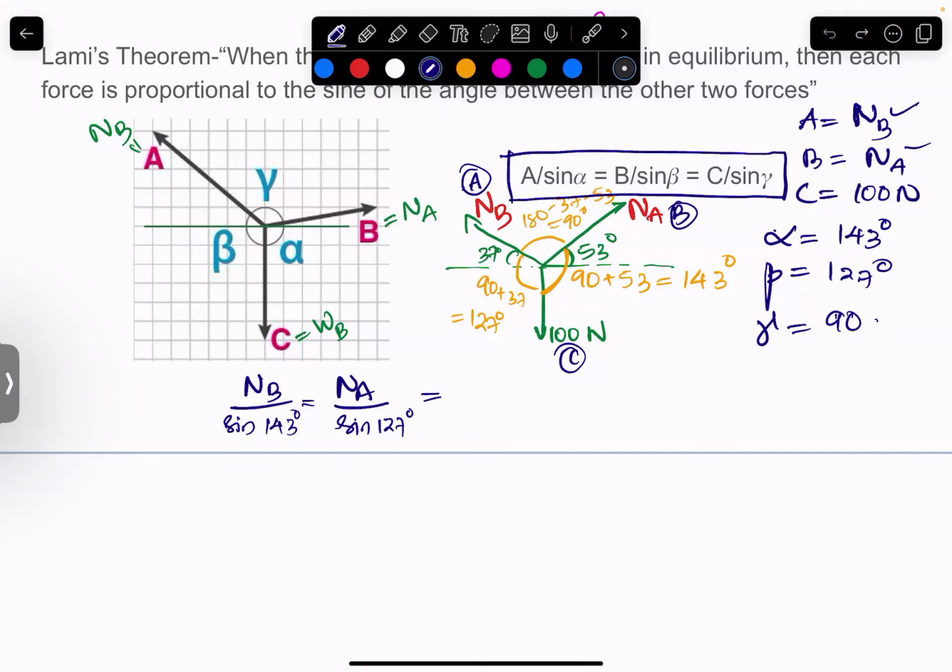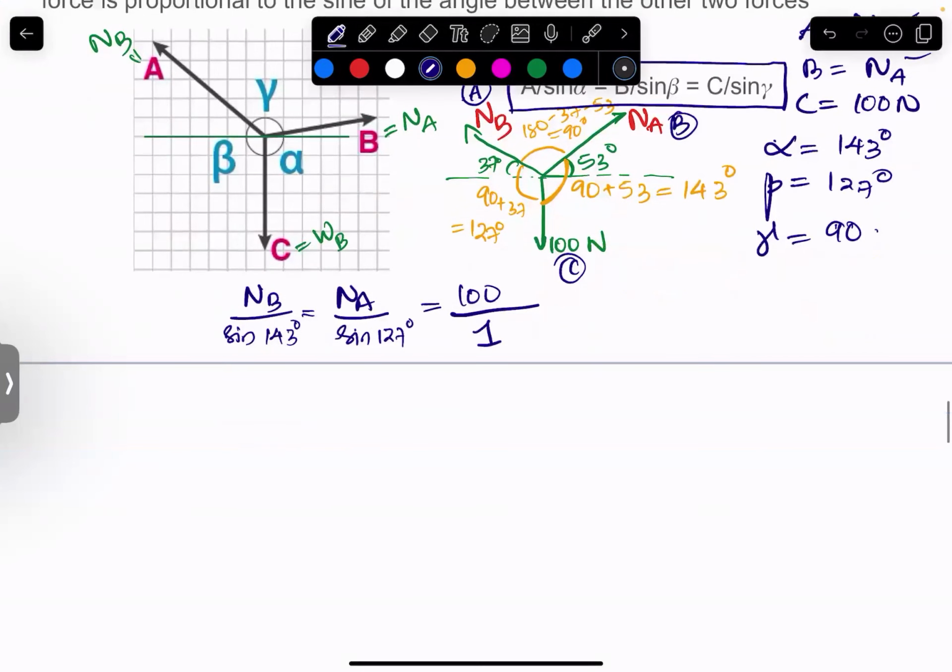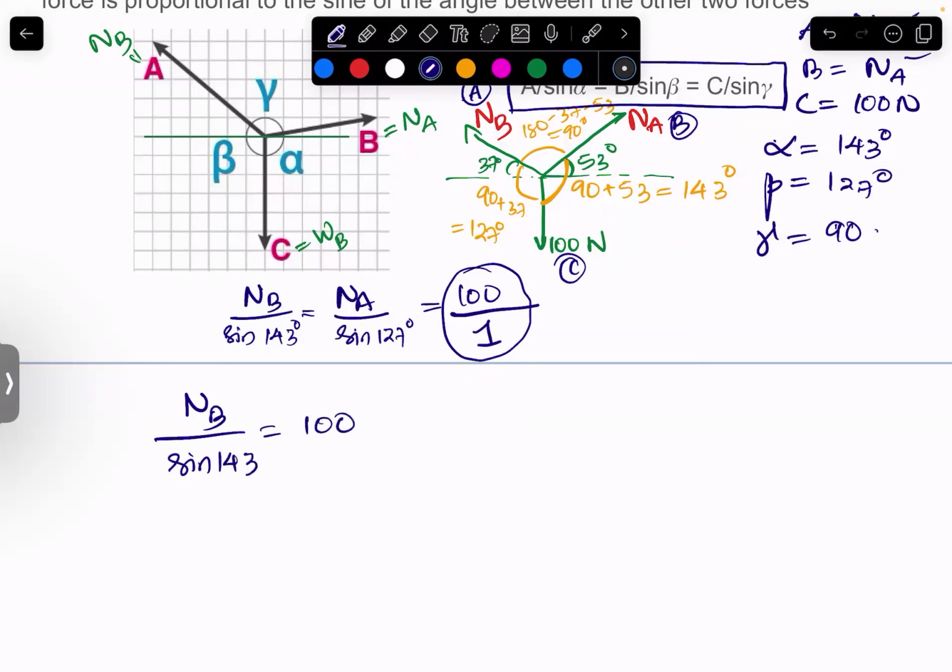C here is 100 Newton, by sine 90, which is 1. Now you have got a constant and you have got some ratios, so you can just equate it directly. One equation will be NB sine 143 equal to 100, and the other, NA sine 127 equal to 100.